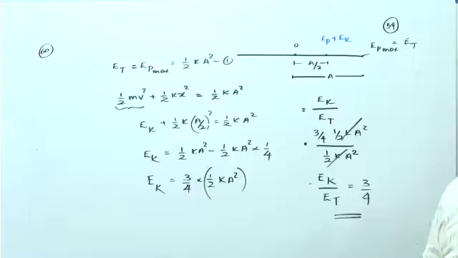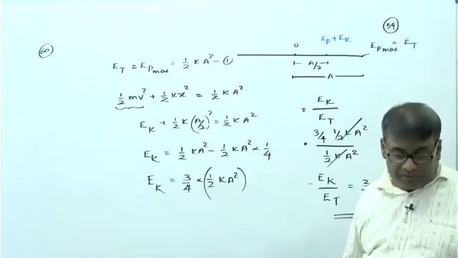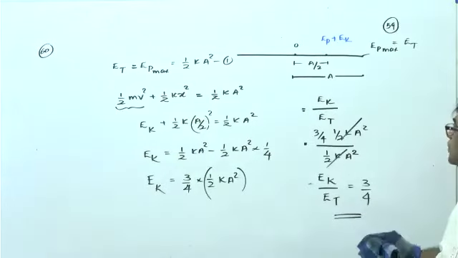Read the question. Kinetic energy of a particle in simple harmonic motion is 4 joule when it passes through the mean position. Its mass is 2 kilogram. The amplitude is 1 meter. Calculate the periodic time. Okay.